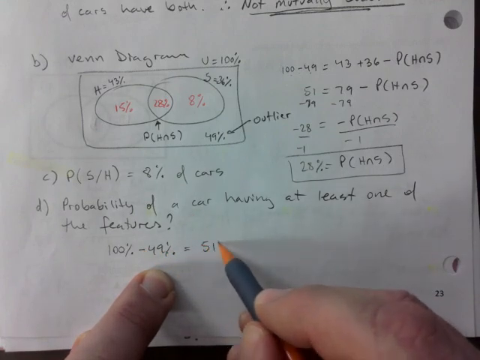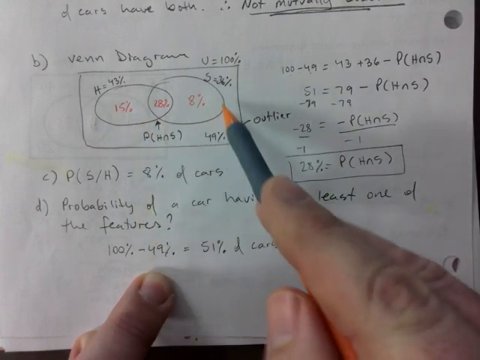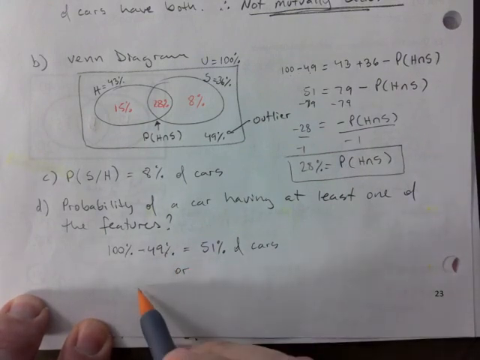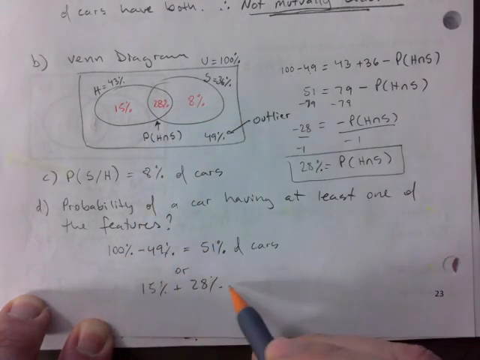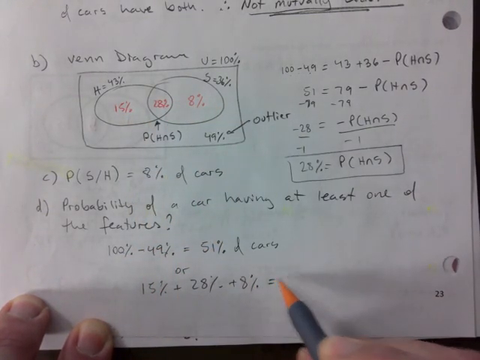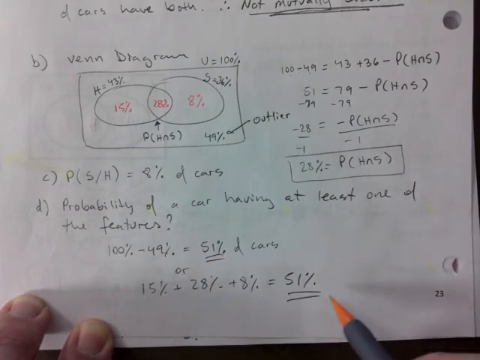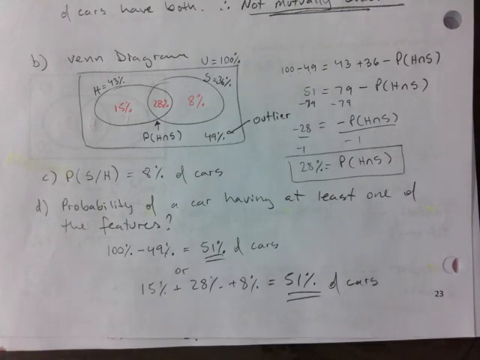So that's 51% of cars will have at least one of the features. Or you could have just gone 15% plus 28%, right? 15 plus 28 plus 8. That's still 51%. So regardless of how you want to slice it, you still get 51% of cars.